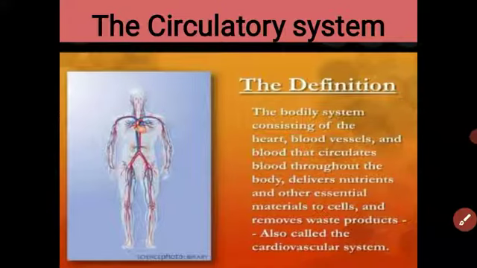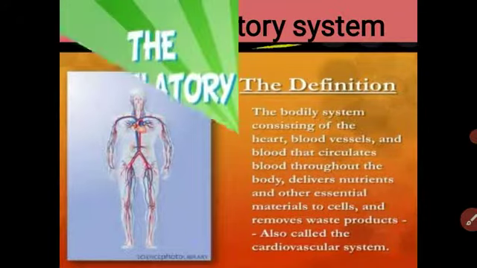The circulatory system consists of heart, blood vessels and blood, and circulates the blood throughout our body and transports the nutrients and oxygen to each and every part of the body, as well as picks up the waste product which is produced in our cells. Got it? What is the definition of circulatory system?